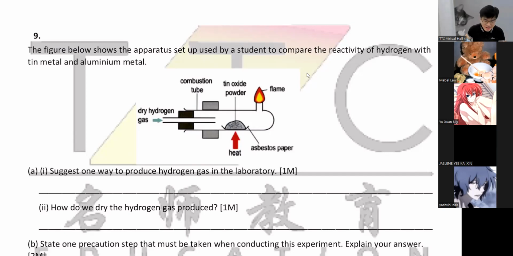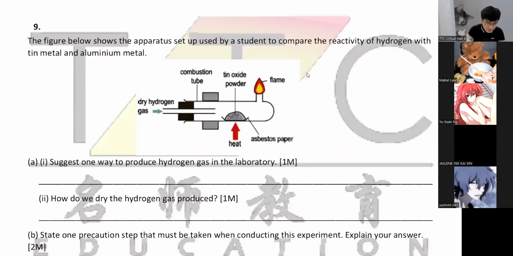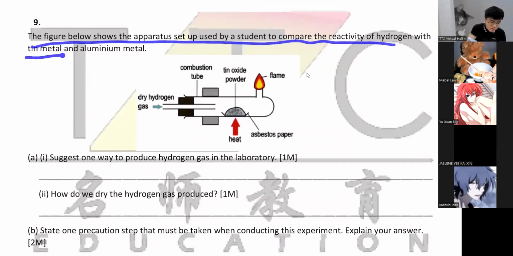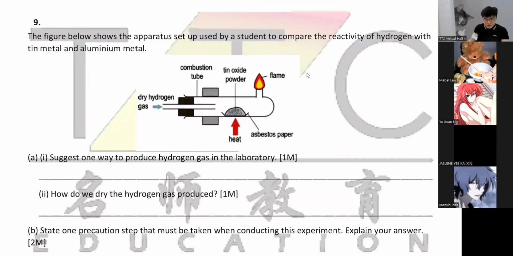Anyway, let's go into question 9. This is page 15. If we have done it, let me know because I'm not too sure whether we have done it or not. The figure below shows the apparatus setup used by a student to compare the reactivity of hydrogen with tin metal and aluminum metal. As you remember, oxygen is the girl. Now tin is married to oxygen, you already know this.